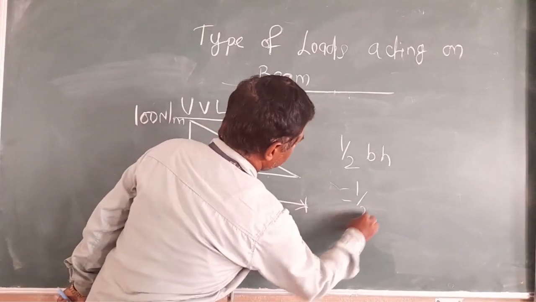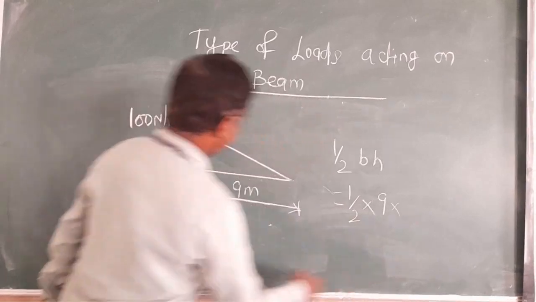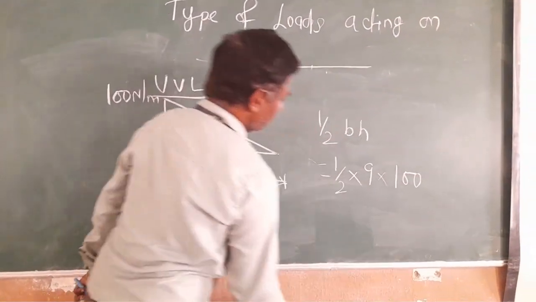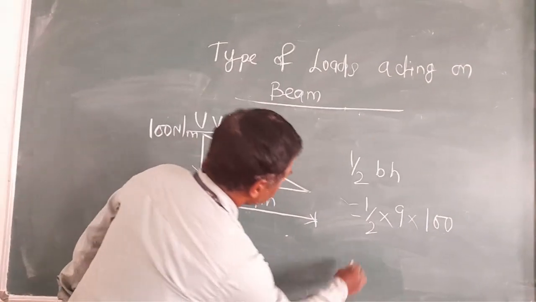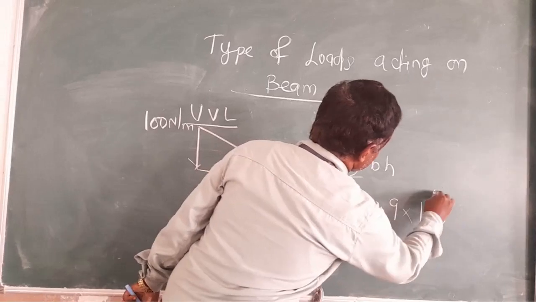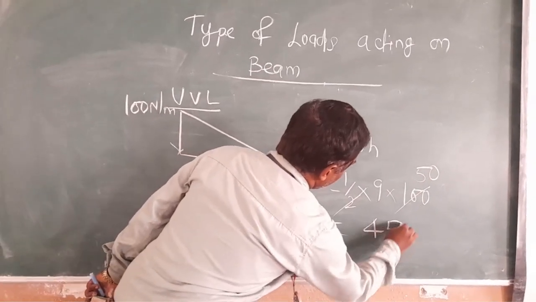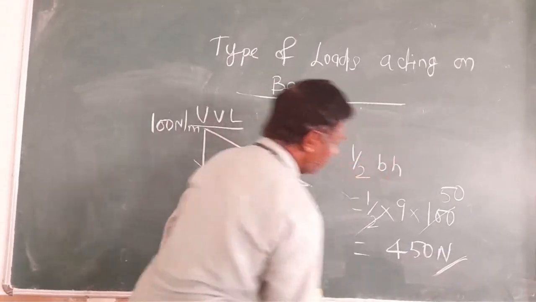So half into B, the base is 9 meter, and the height is 100 Newton per meter. Here Newton per meter times meter gives Newton only. So finally, 450 Newton is the total load, which is considered as a point load.